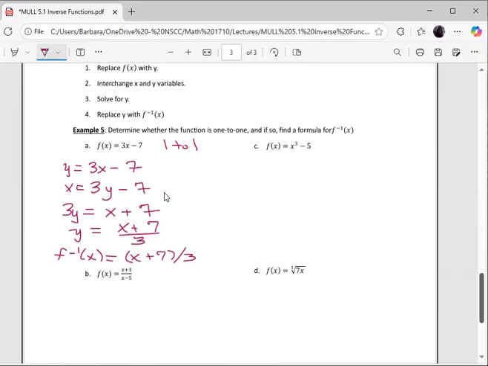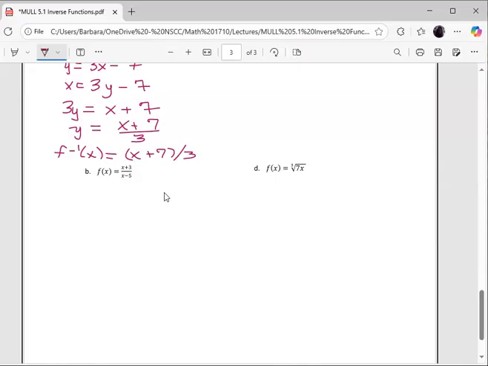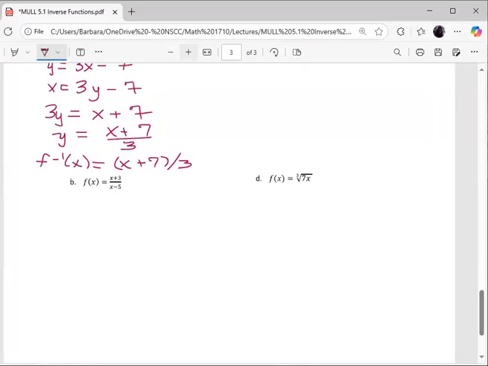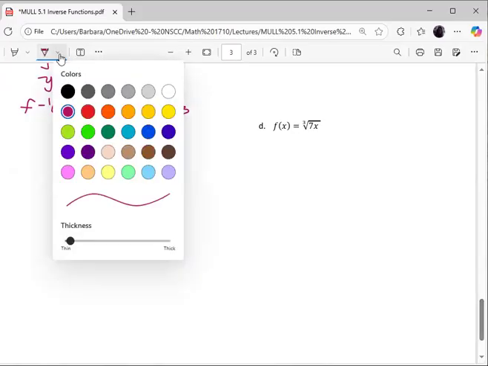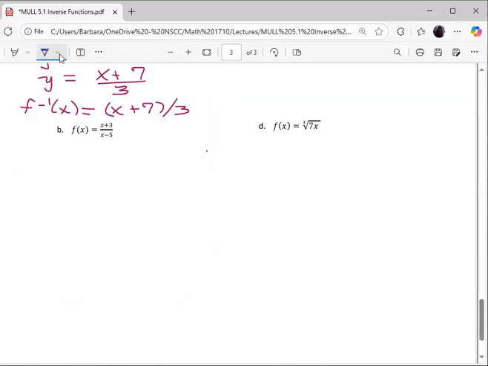In B, we have f of x equals x plus 3 over x minus 5. We're going to replace f with y. Then we're going to switch variables.